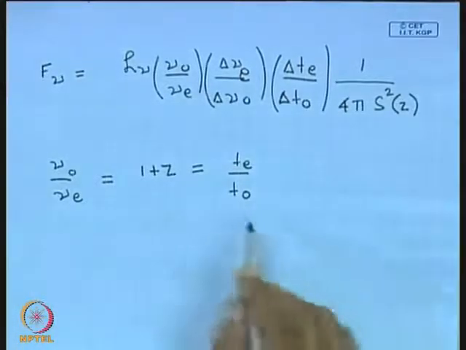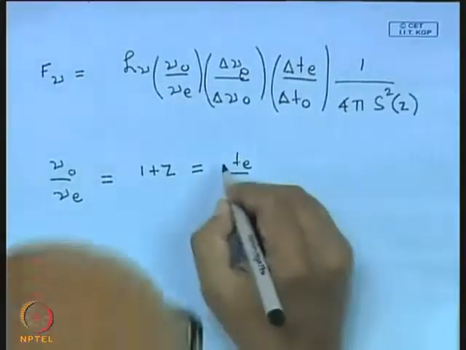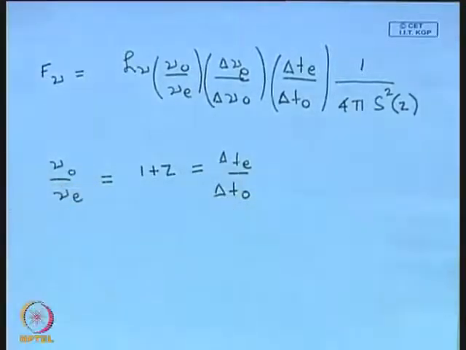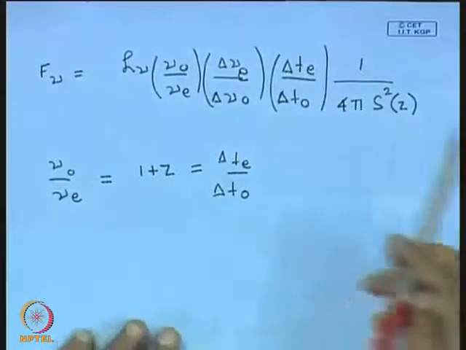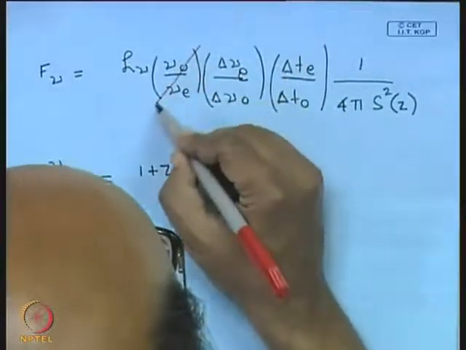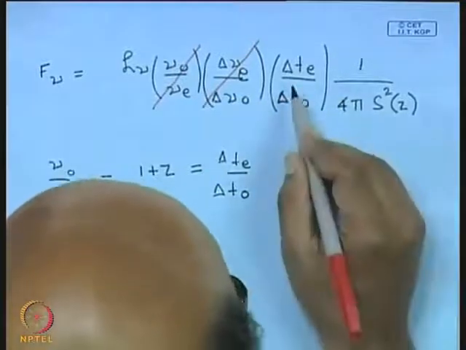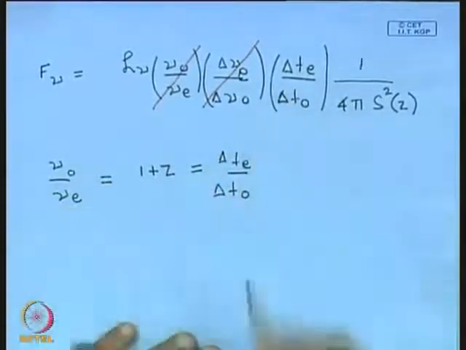We have worked this out, how time intervals change, because it is light that is propagating. We worked this out right in the beginning. So you see that this ratio will cancel out with this ratio, and this ratio will give me a factor of 1 plus z.